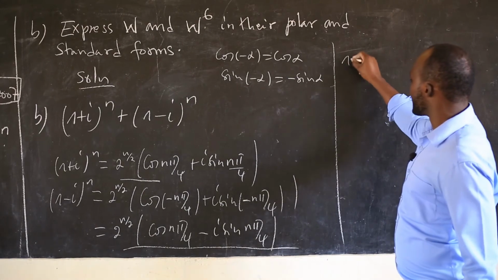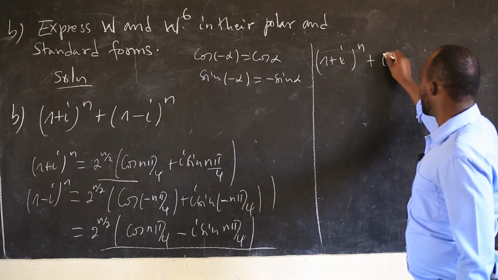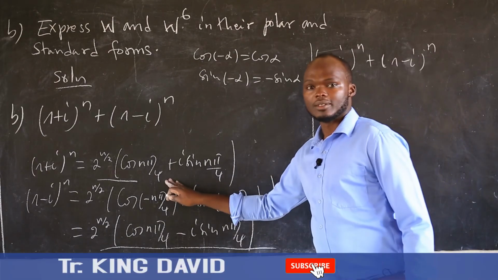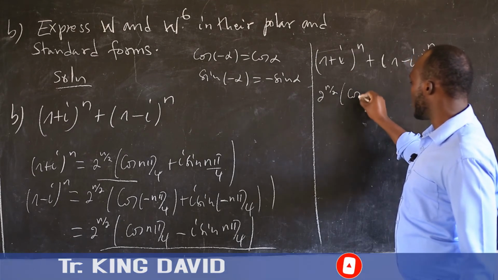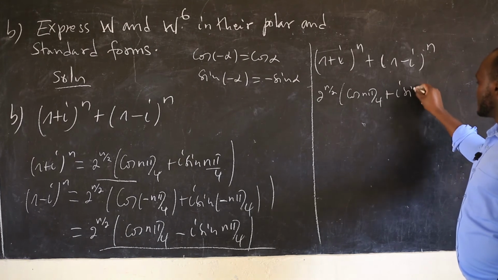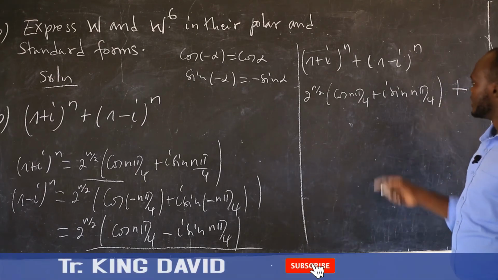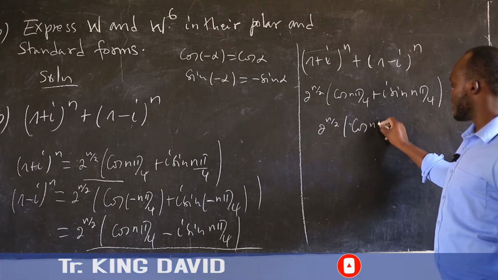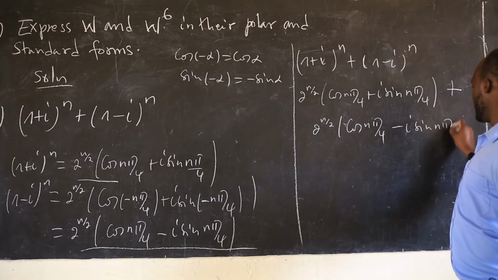So finally, (1 plus i) power n plus (1 minus i) power n. We just take this plus this. That is 2 power n over 2 into bracket cos n pi over 4 plus i sine n pi over 4, plus 2 power n over 2 into bracket cos n pi over 4 minus i sine n pi over 4.